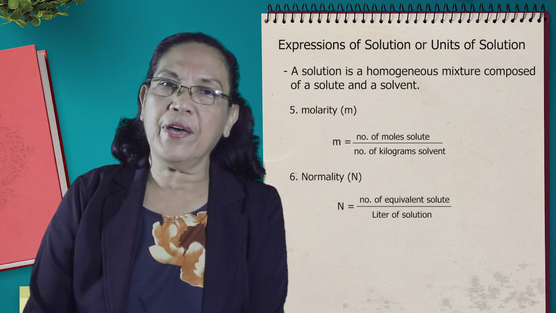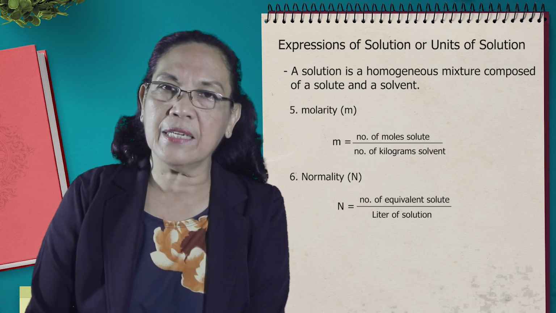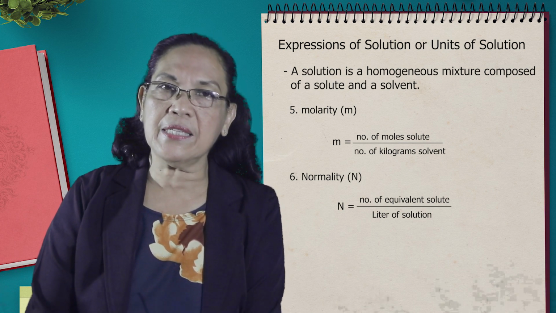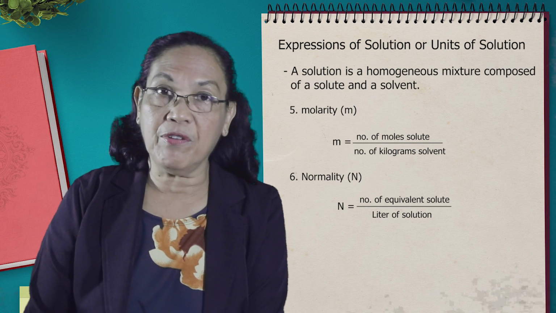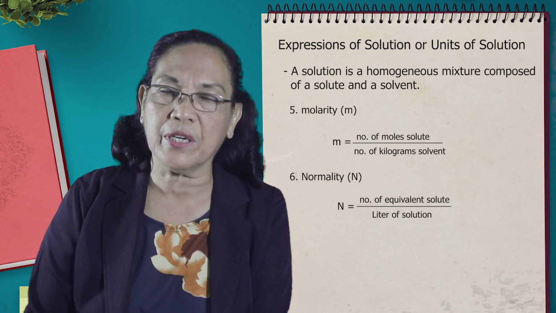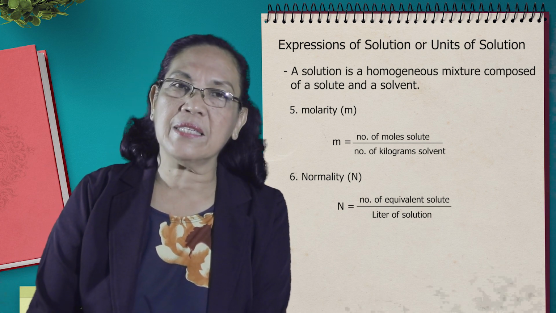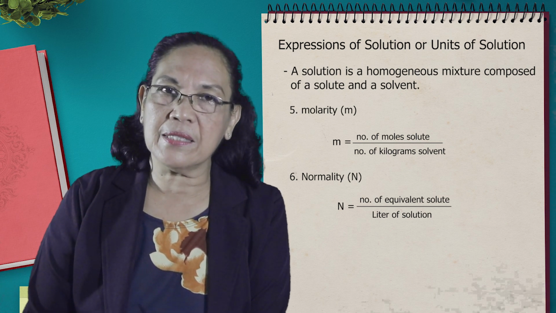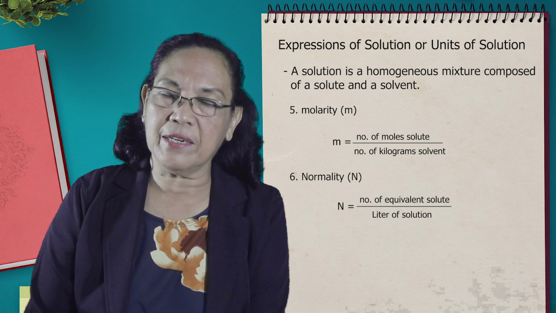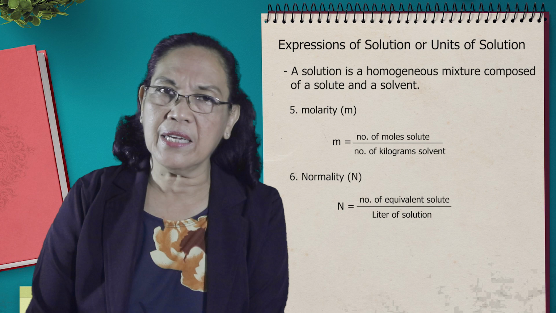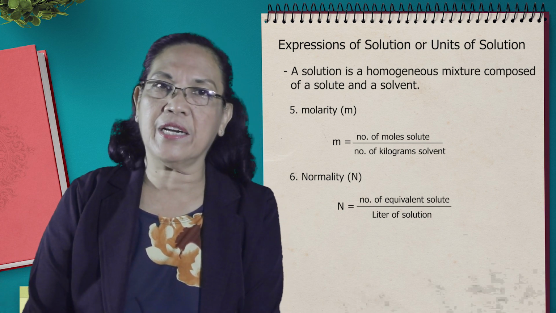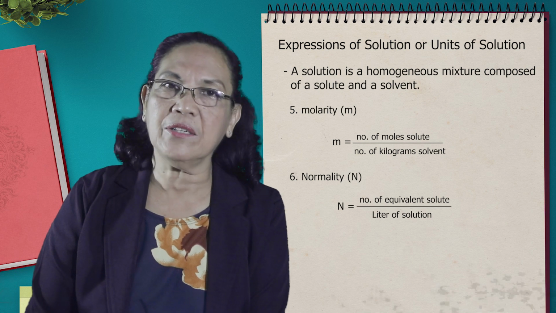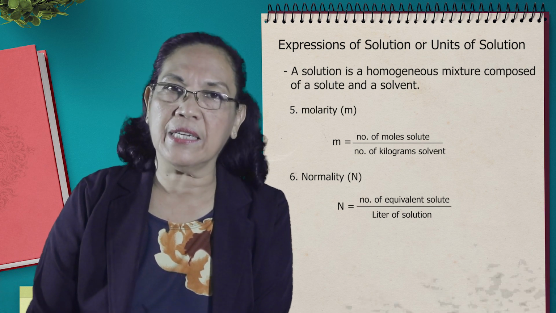But if you have sulfuric acid, since in sulfuric acid you have 2 hydrogen atoms from the formula H2SO4, to get its equivalent you have to get the molecular mass of the sulfuric acid and divide it by 2 because there are 2 hydrogen atoms in sulfuric acid.